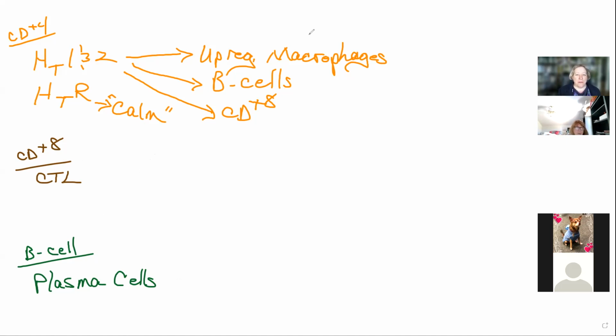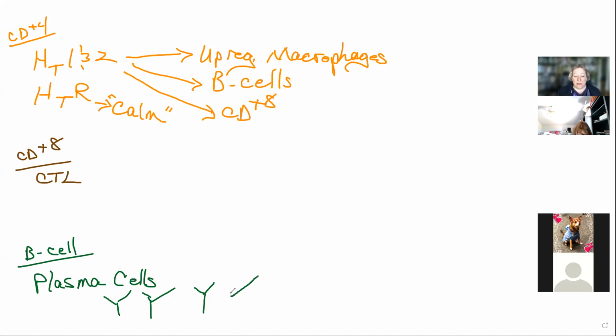Meanwhile, your plasma cells start pumping out as many antibodies as they can make. Plasma cells generally have a lifespan of about 3 days. They just wear themselves out.